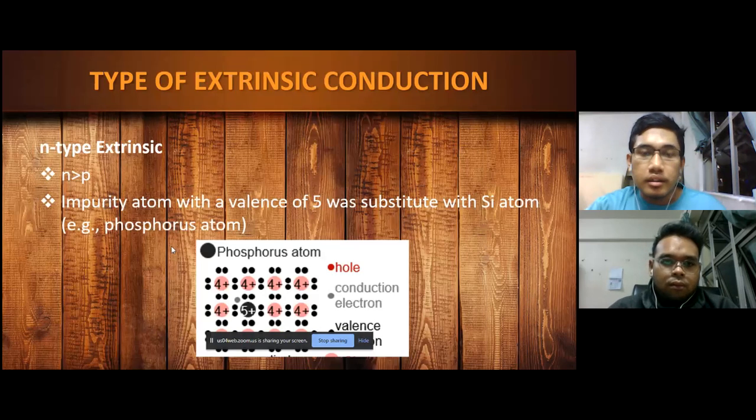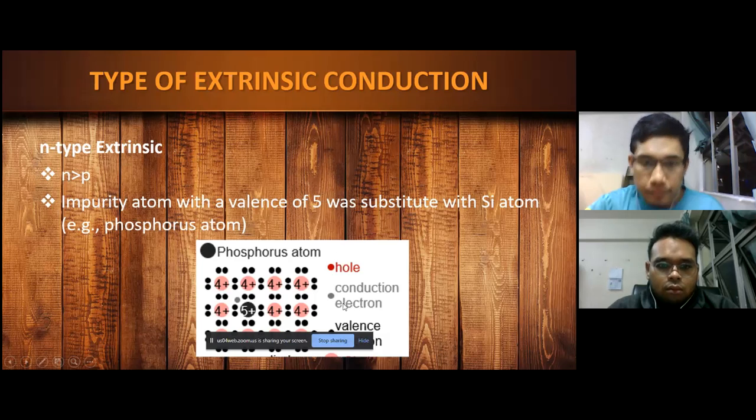Okay, generally there are two types of extrinsic conduction. The first type is N-type extrinsic. For this type, the number of electrons is more than the number of holes. An impurity atom with a valence of 5 is substituted for a silicon atom, for example a phosphorus atom.